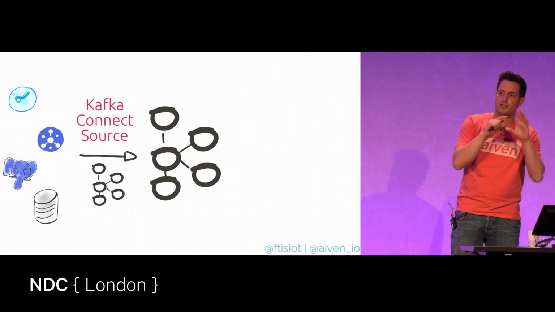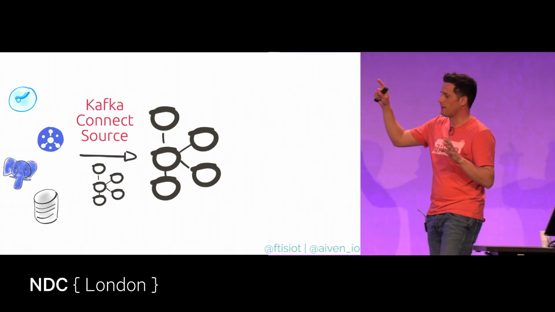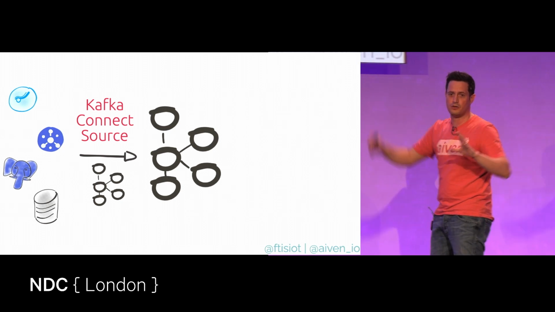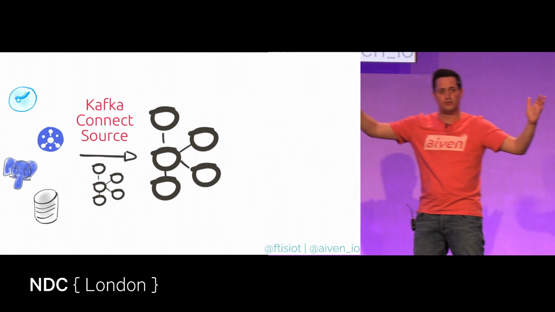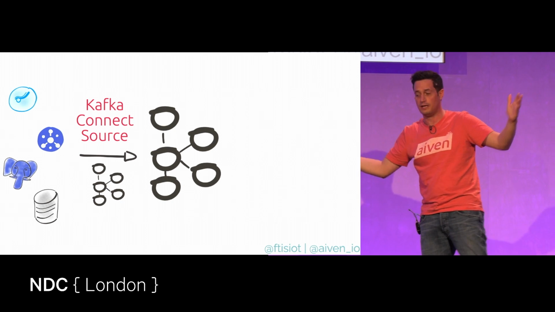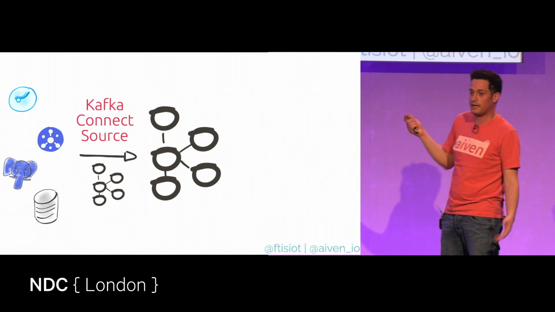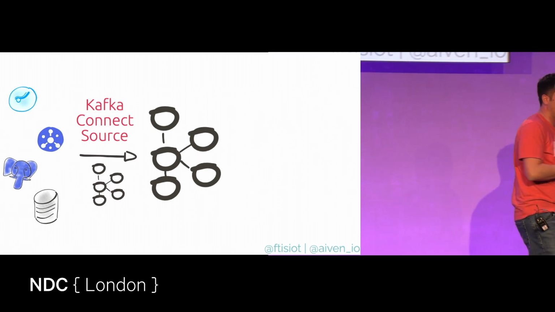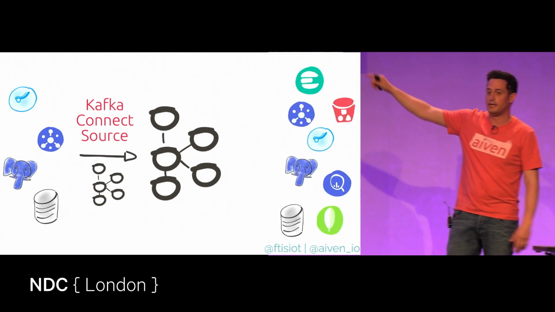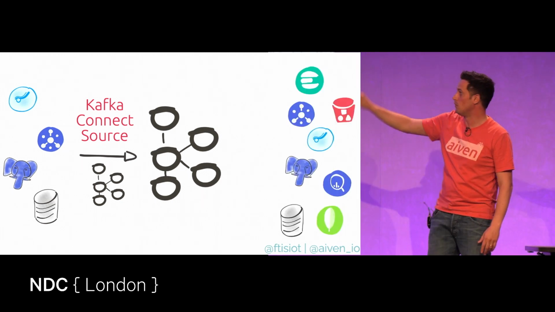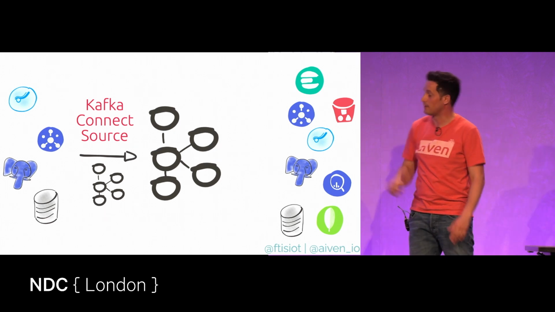Now, if you remember my original drawing, Kafka usually is just a middle layer. You're taking the data from point A, and you're pushing it to point B, and point C, and point D. And this is also usually the case for Kafka, where we want to take the data from Kafka to another set of technologies. We want to bridge technologies with Kafka.